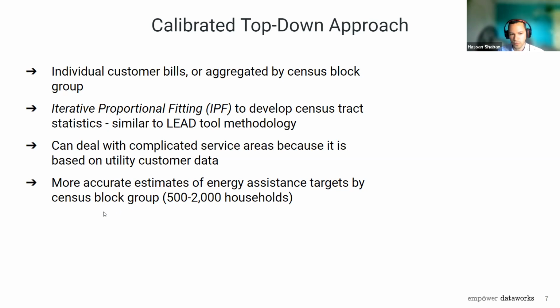You're also able to go down to a census block group, which is usually about 500 to 2,000 households, so it's a bit more geographically granular than just the census tracts. The utility can also run it every year and keep the data updated because they have the most up-to-date energy bills.